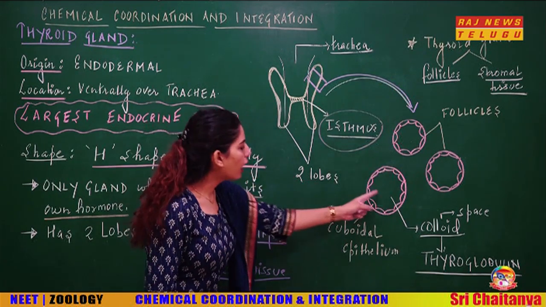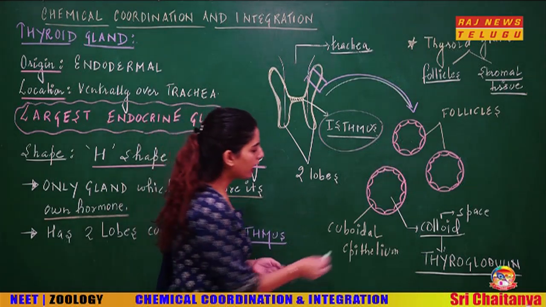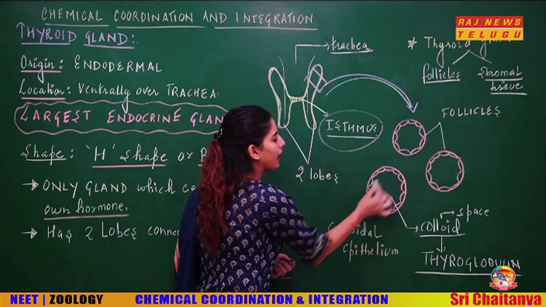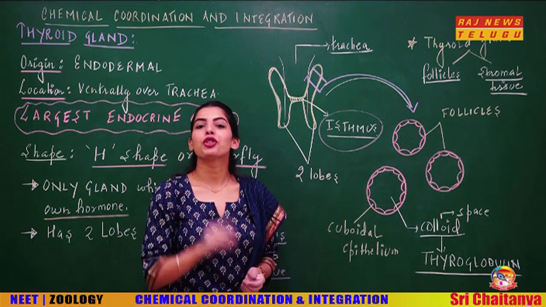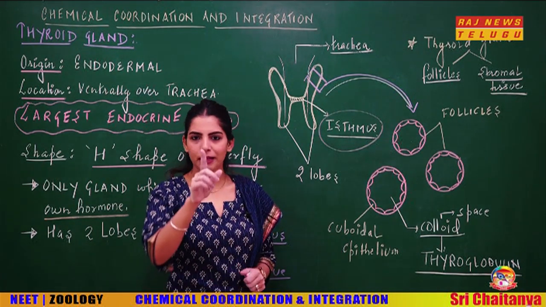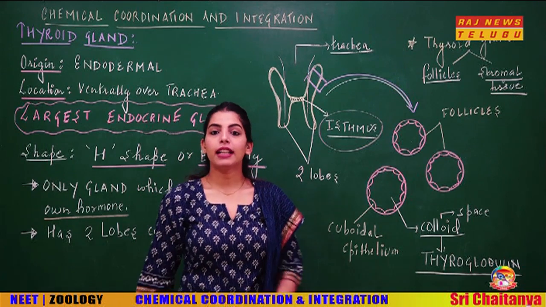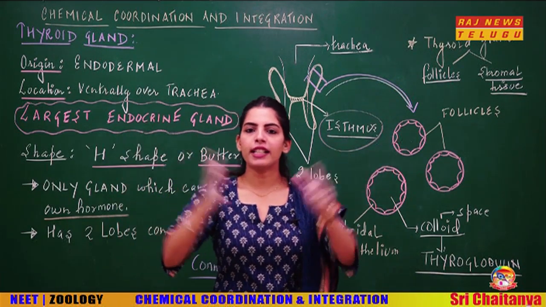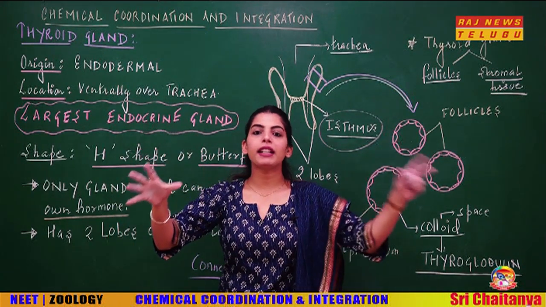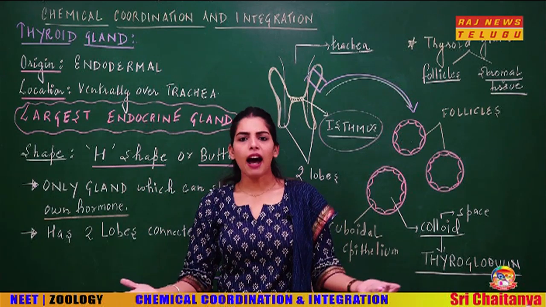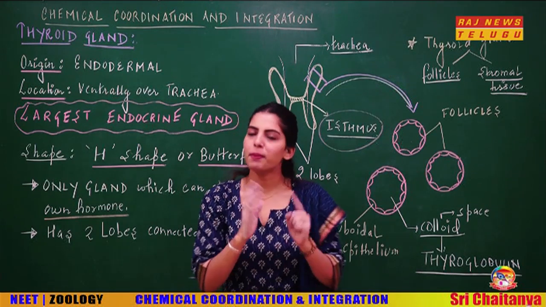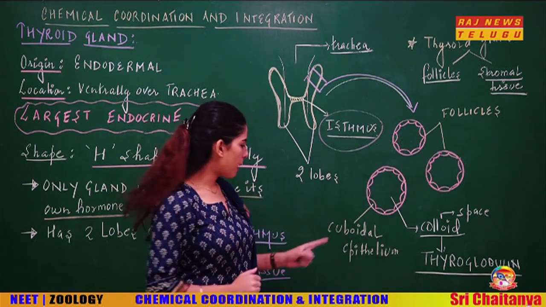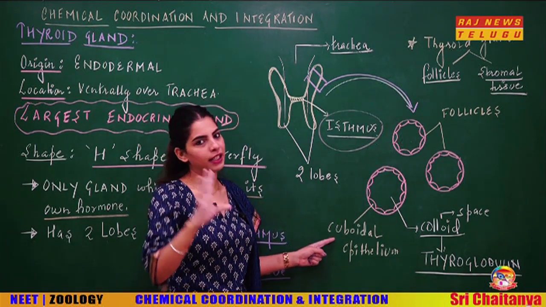These follicles are also lined by this epithelium, the cuboidal epithelium. That's how you can relate both chapters. You can be asked which type of epithelium lines the follicles, so you must know that follicles are lined by the simple cuboidal epithelium.